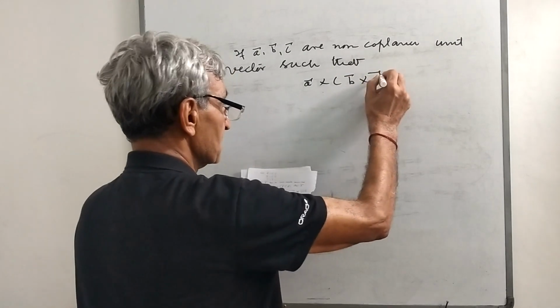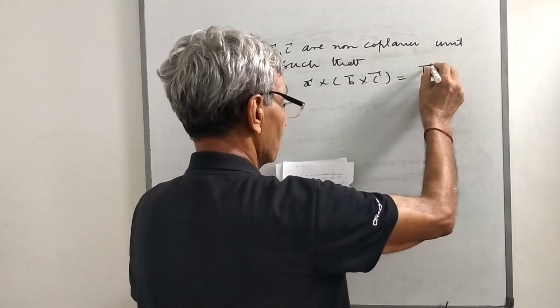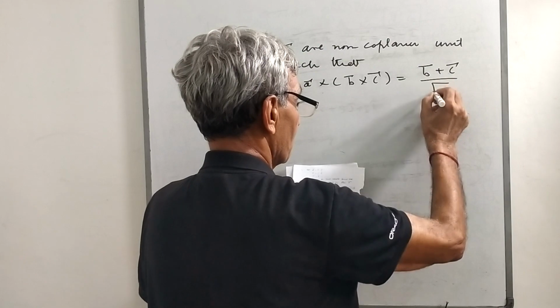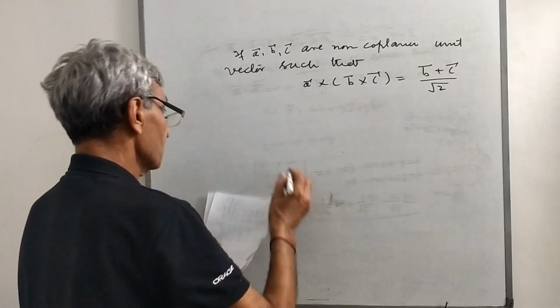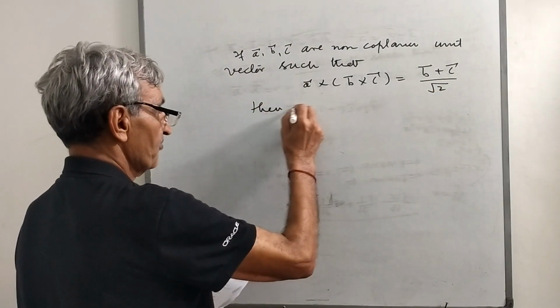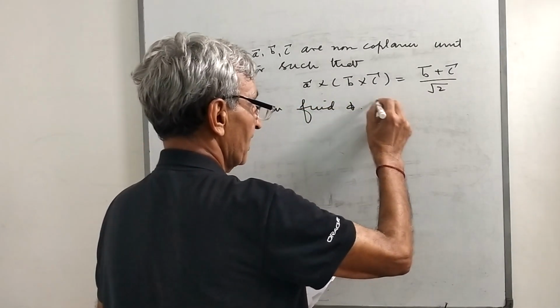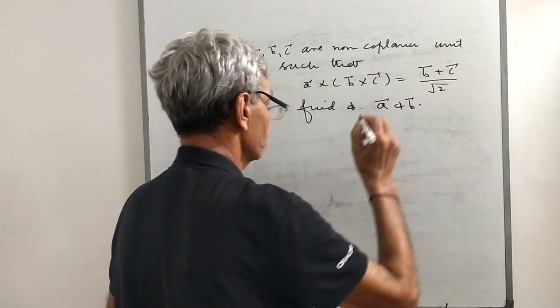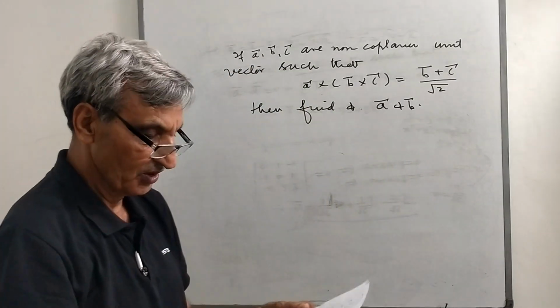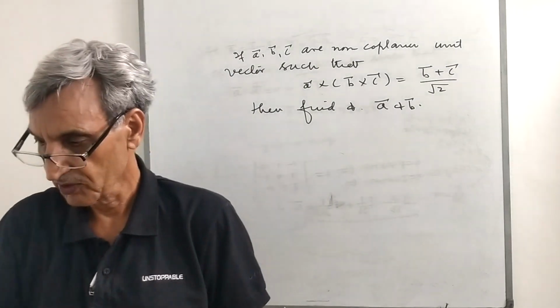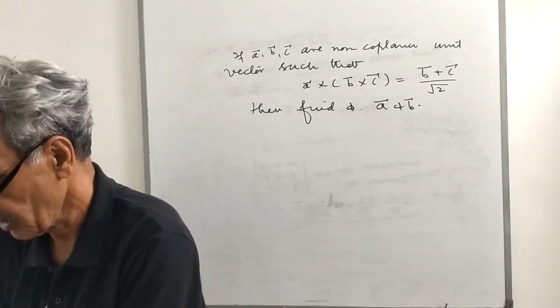Here we have a vector triple product. Then find the angle between A and B. I know the answer is going to be 3 pi by 4.